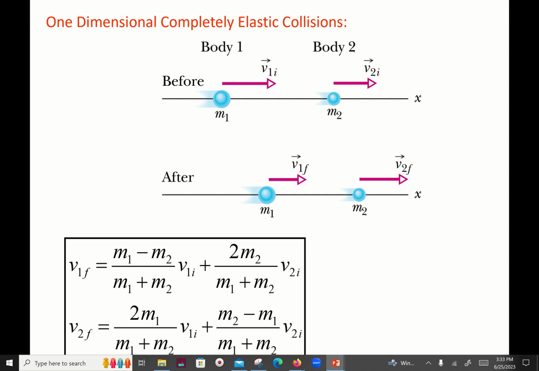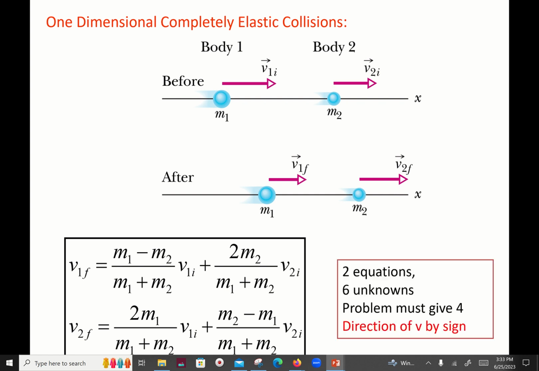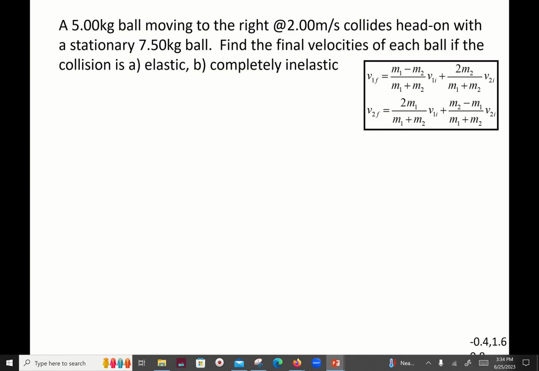So if the problem does not say it's an elastic collision, do not ever use that equation. So I've got 2 equations now and 6 unknowns, so the problem again must give you 4. And usually it'll give you the masses and the initial velocities and ask you to find the final. And again, we put in the correct sign of the velocity to get the correct answer.